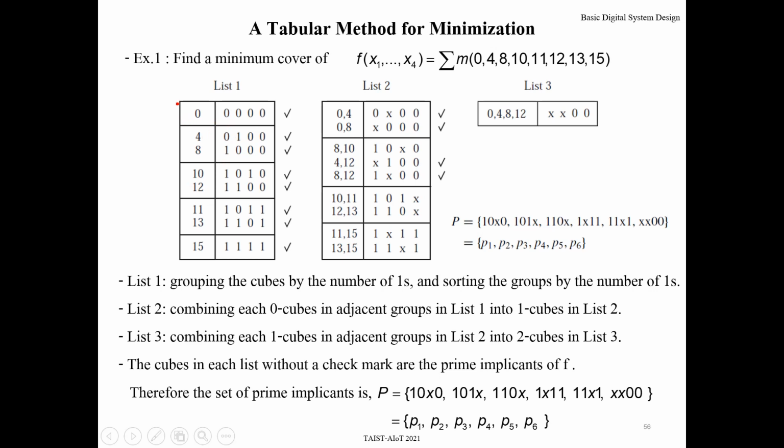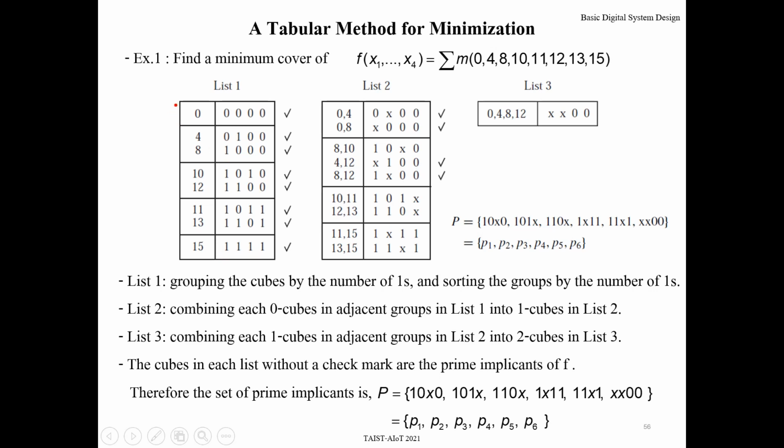For example, this group has no 1s. This group has one 1. This group has two 1s. And this group has three 1s. Okay, and this group has four 1s.